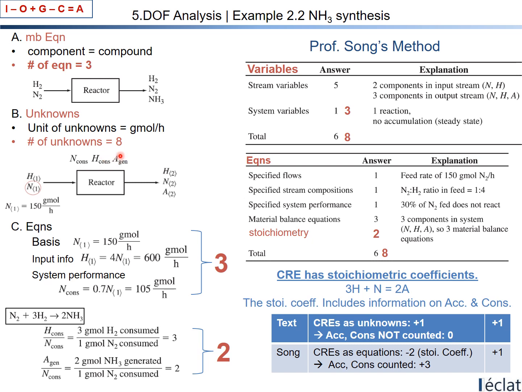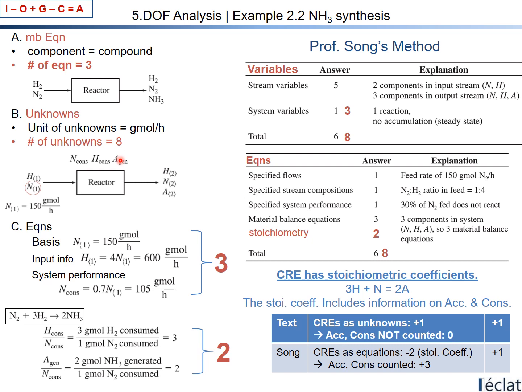Ammonia. There is no ammonia consumption term because ammonia is the product. So the ammonia generation term should be there. Plus the accumulation term. However, you don't need to think about the accumulation term because this process is steady state.